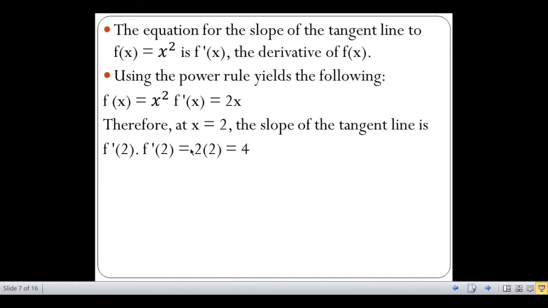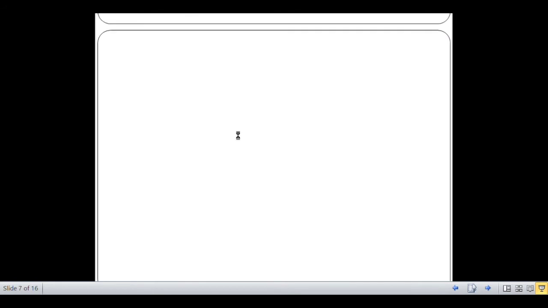Dito yung 2, kopyahin natin yung 2, tapos yung x, palitan natin ng 2. Kung ano yung nasa problem, yun ang ipapalit natin sa x. Halimbawa, nandito 3, so ipapalit natin 3 sa x. Since 2, we copy 2, and then yung x, papalitan na po natin ng 2. So 2 times 2, we have 4. So the slope of the tangent line natin is 4. Sana naiintindihan at nasusundan.